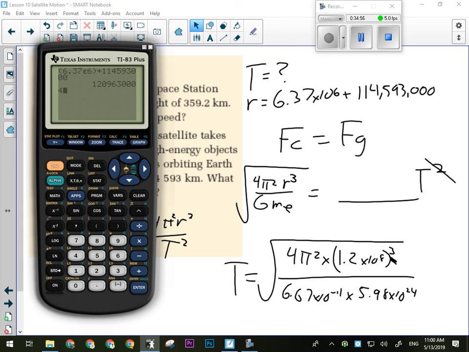So 4 pi squared times, in brackets, our answer cubed. All right, so there's the top. I'm going to divide that by what's on the bottom.